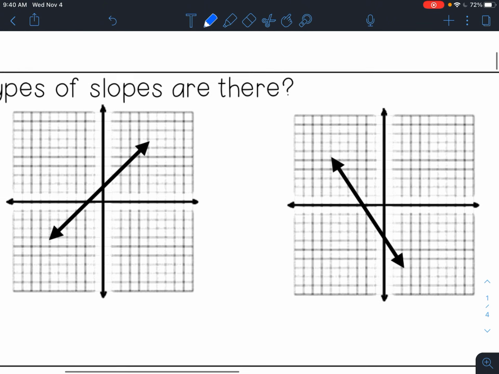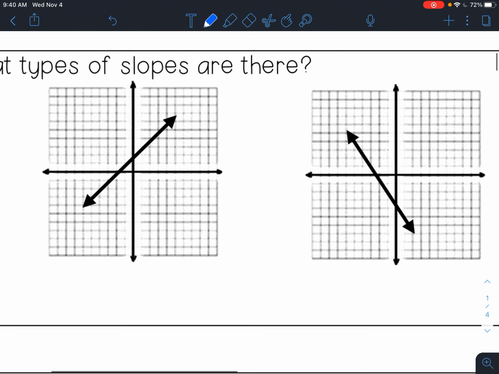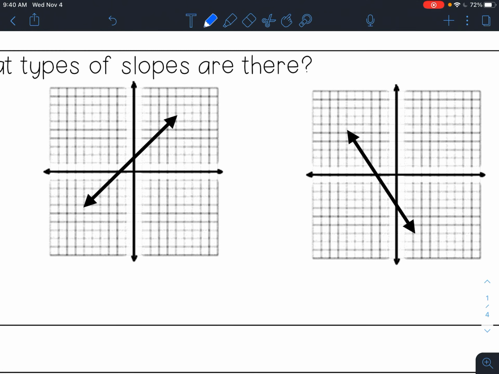Our main two, these first two right here, we don't usually have to label them as positive and negative slopes. As we go through and calculate what the slope is for that particular line, we'll just end up with a number that is either positive or negative. But the way that we would describe these, just like you read a sentence and just like you read a word from left to right, we do the same thing here for our lines.